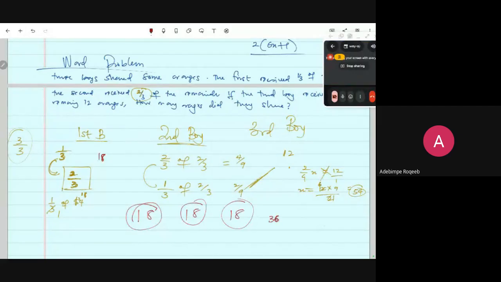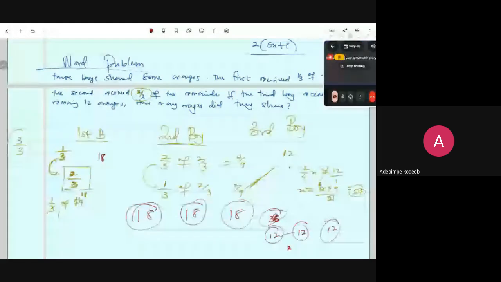Now, this boy collected 2 over 3 of it, which means we divide 36 into 3 again: 12, 12, 12. This boy now collected 2 out of it. So the third boy has what? The remaining 12. That is 1 over 3 of the remainder.